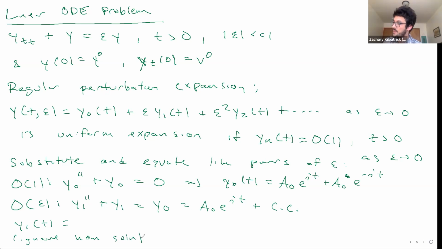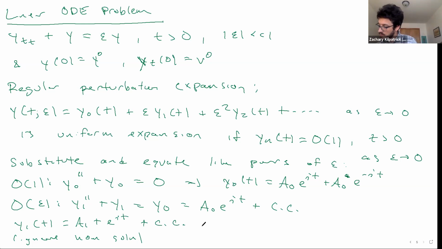Why would we ignore the homogeneous solution? Well, that's just going to be adding to the solution from before, right? That would just change this coefficient. So just to look at what happens with the particular solution, we see immediately that we have a resonance here, right? And some complex conjugate terms here.